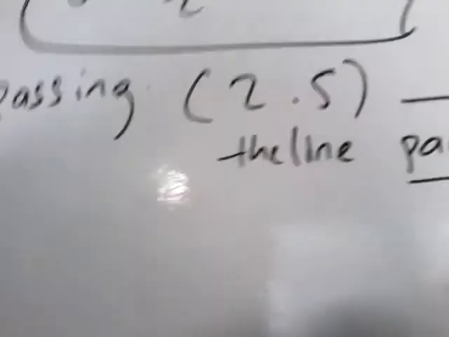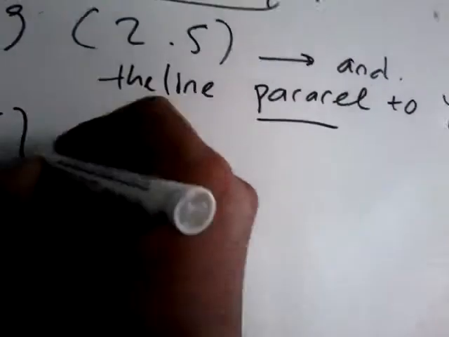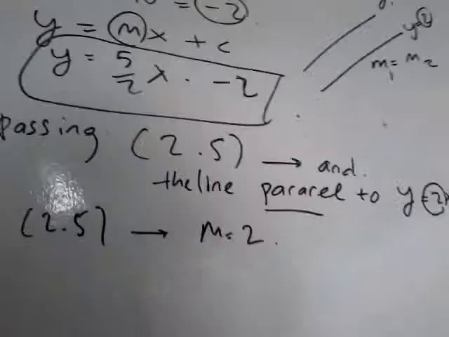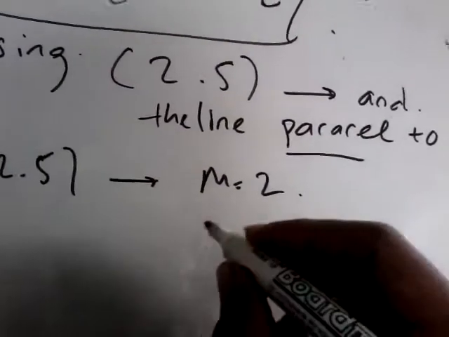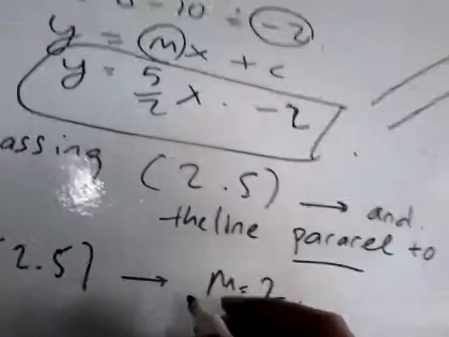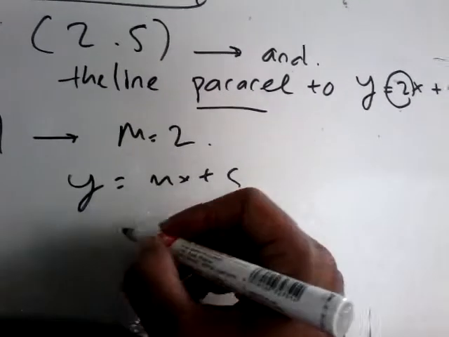So all you have to do is, this is the gradient, right? It's 2. Then, like the first step, y equals mx plus c.